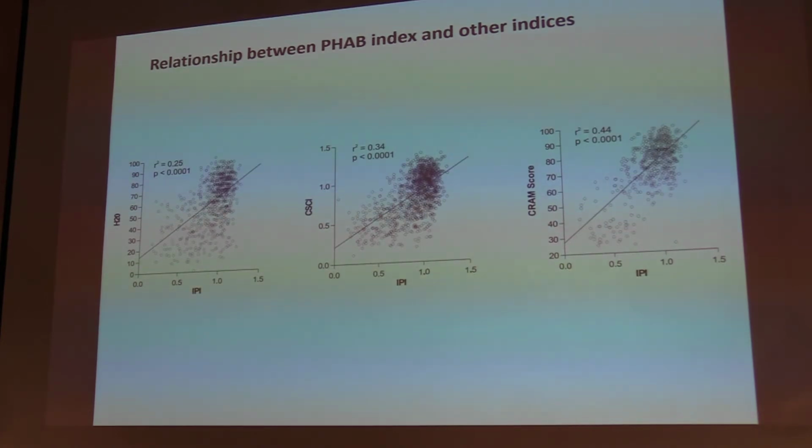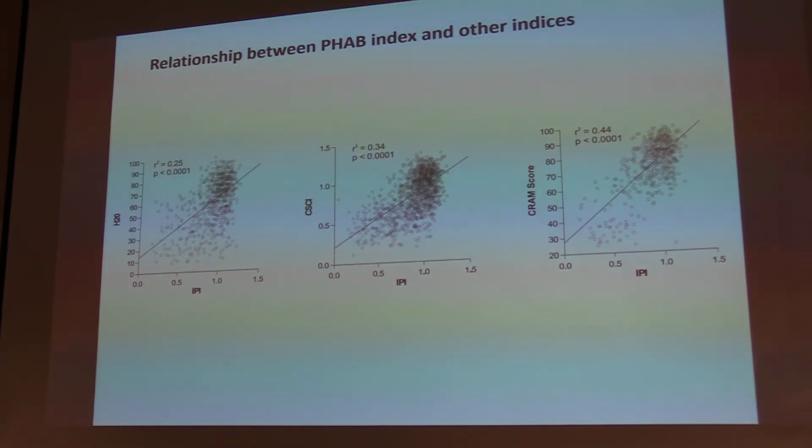I also plotted the PHAB index versus some of our other indices. So here, the PHAB index is on the x-axis. On the left, I've plotted it versus the H20 algae axis. That's the hybrid algae axis. In the center, I've plotted it versus CSCI, and on the right, I plotted it versus CRAM. And those relationships get stronger from left to right, and that supports previous evidence we've seen that bugs respond a little more strongly to PHAB than does algae.